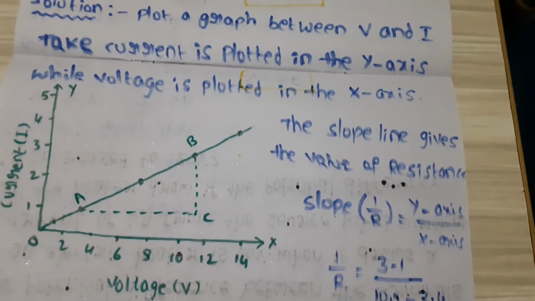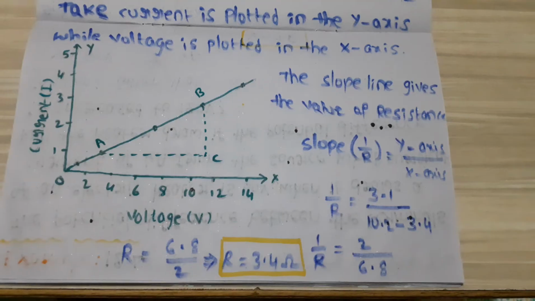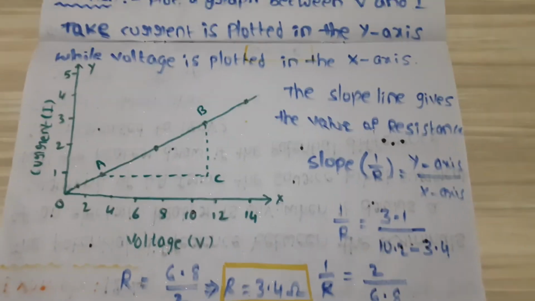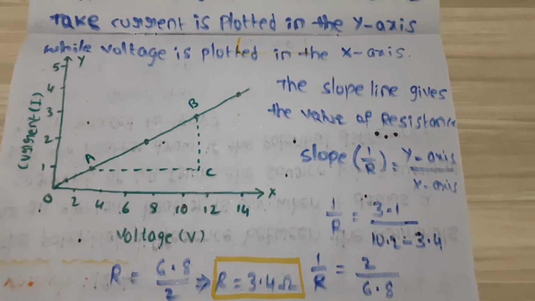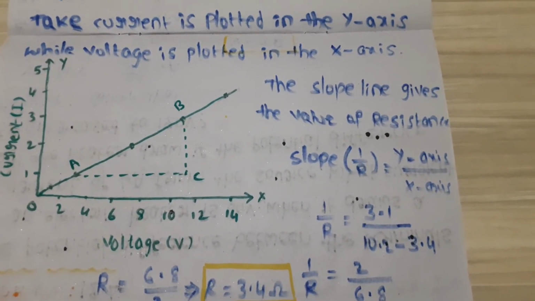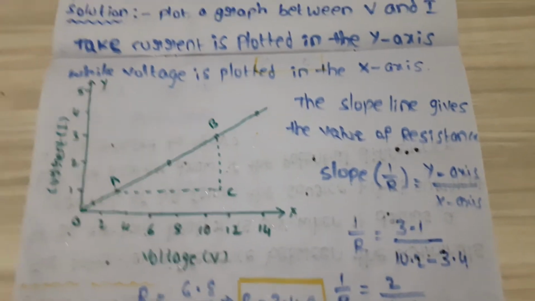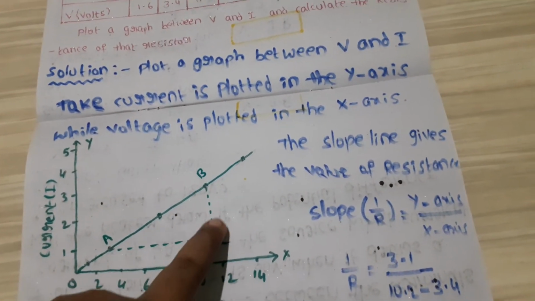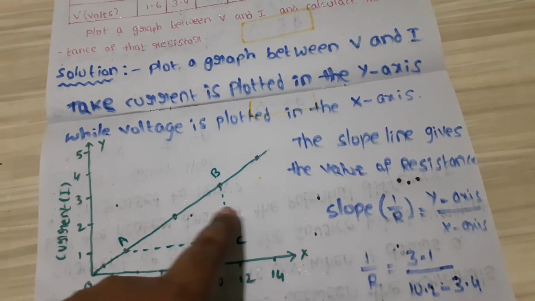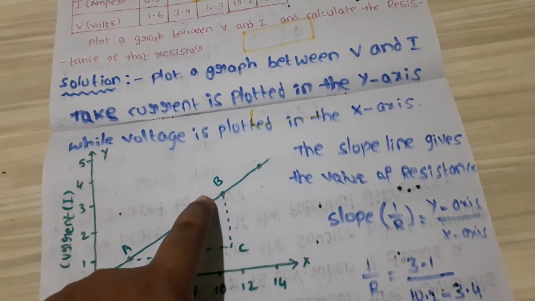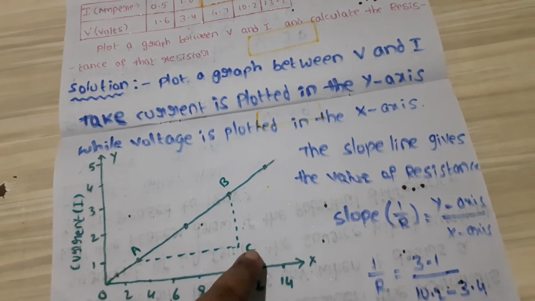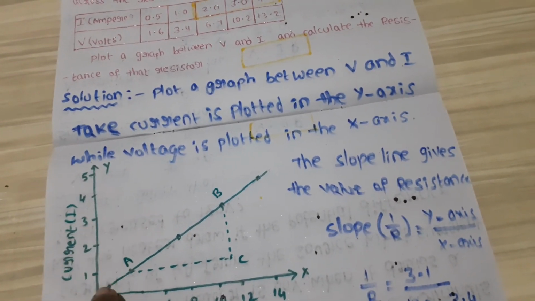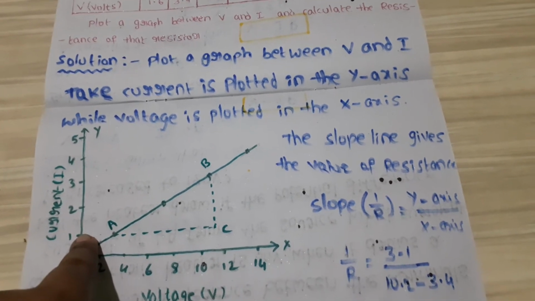So from the graph find the resistance value. So slope formula, 1 by R equal to y-axis by x-axis. This is the x-axis, this is the y-axis. First of all, take the y-axis values: 3 minus 1.